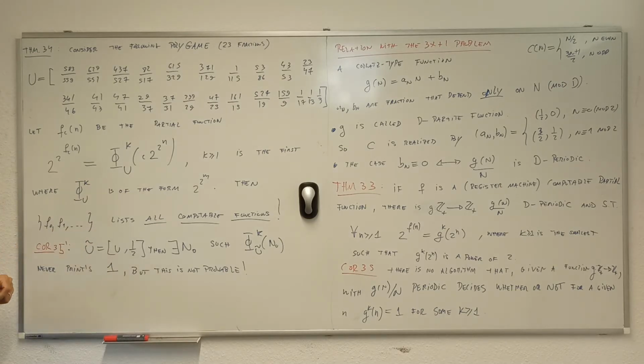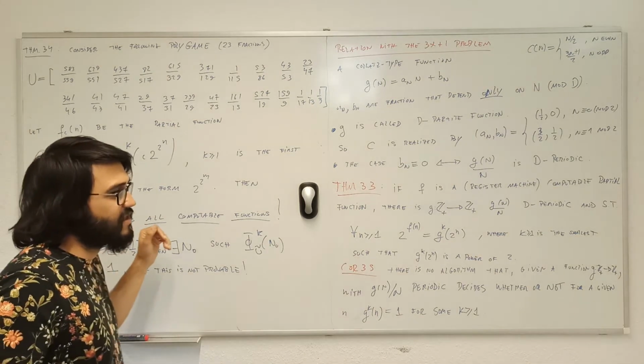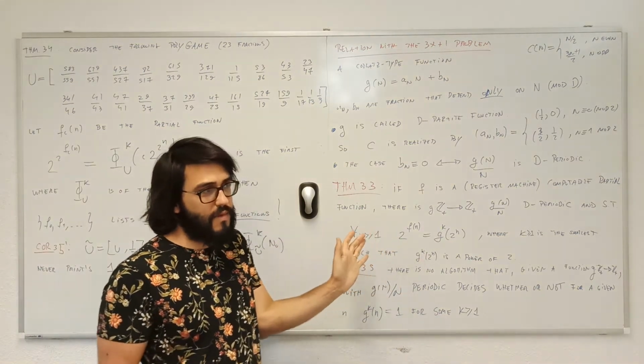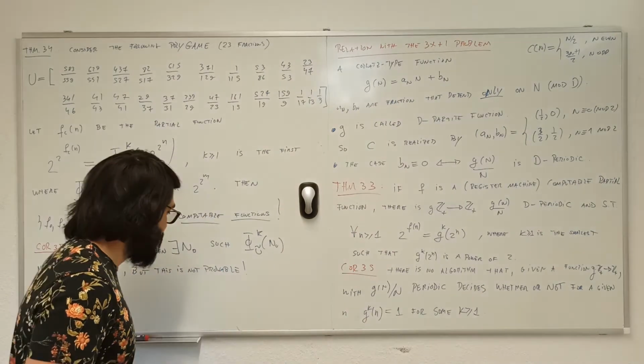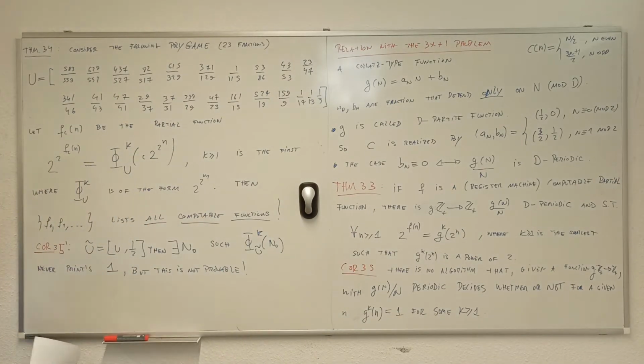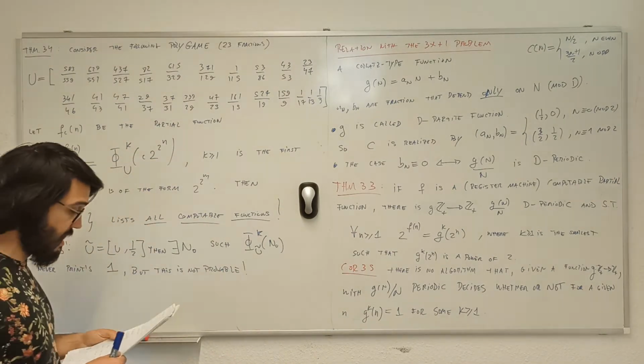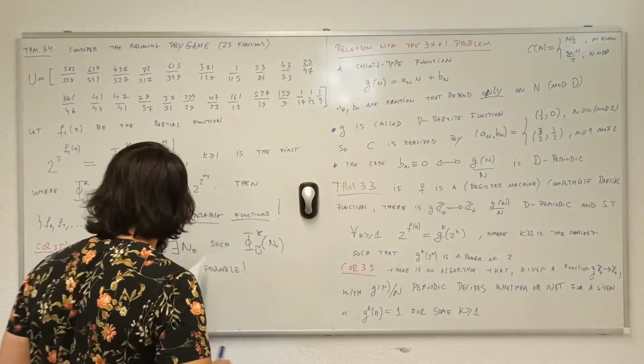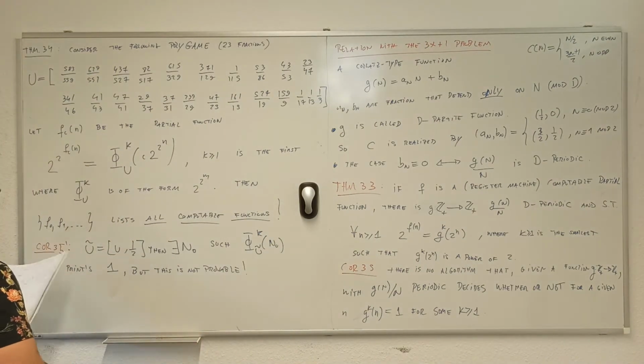So it's not hard to guess that, well, if it computes everything, then you get into the world of the halting problem and these undecidable things. So that's why we get corollary 35. Okay. And then we have one more theorem.